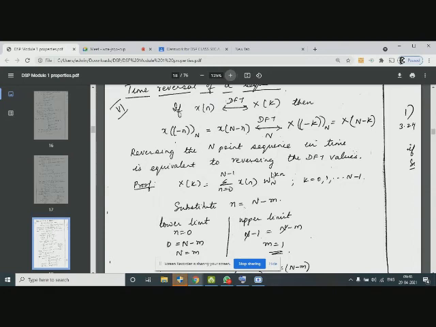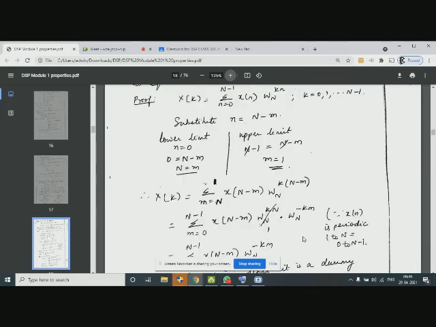So as usual, first thing you will be taking is your x of k, your DFT equation. DFT is equal to sum over n equal to 0 to N minus 1 of x of n W_N power nk. Lower limit is there, upper limit is there. We are going to alter this by some other term, small m. Why am I going to do this substitution?